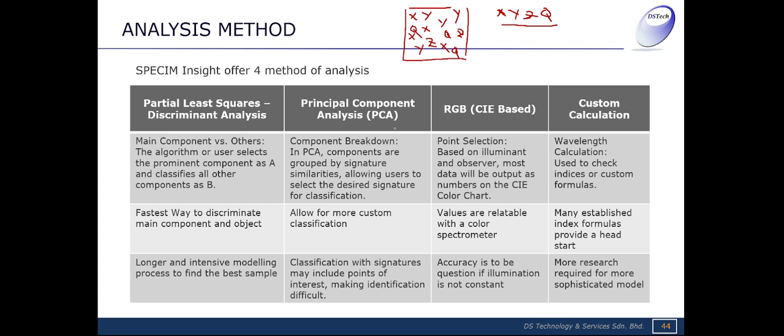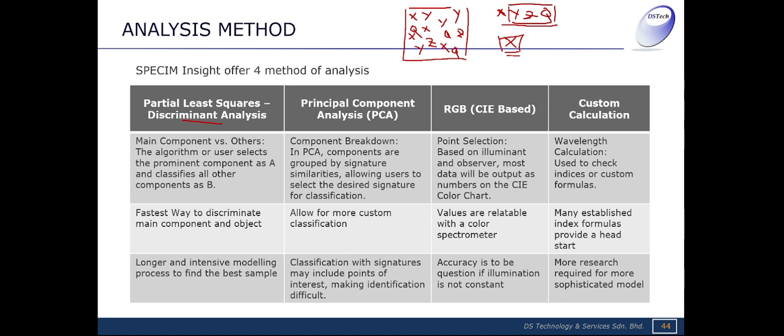So you say to yourself, I just want X. Using this understanding, PLS will consider Y, Z, and Q as the same thing and X as a different thing. That's why it's called discriminant analysis.